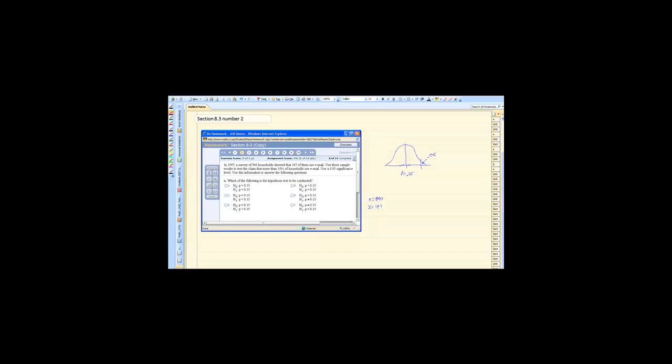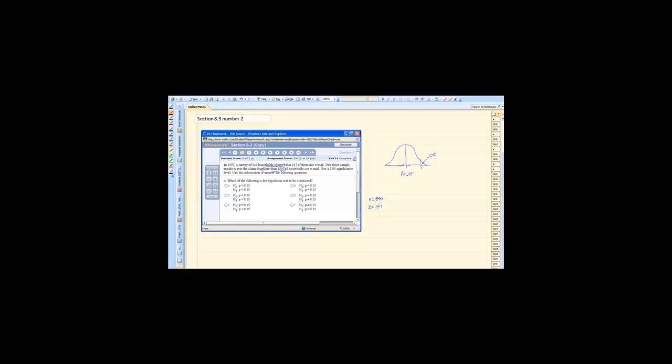Now, what we're doing is we're hypothesizing that the population proportion is more than 15%. More than 15% would be to the right here of this hypothesized distribution. We're hypothesizing here with this normal distribution that the population proportion is 15%.